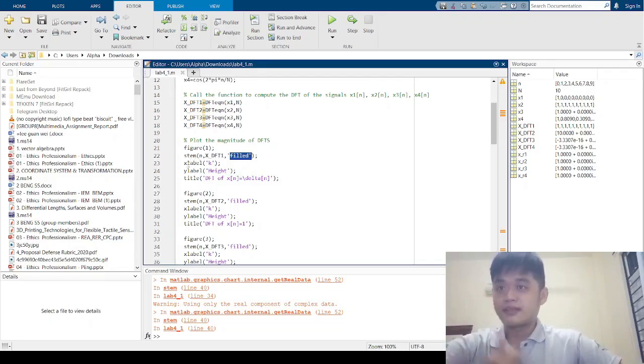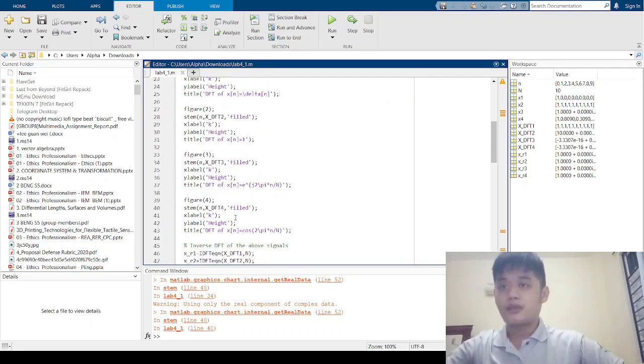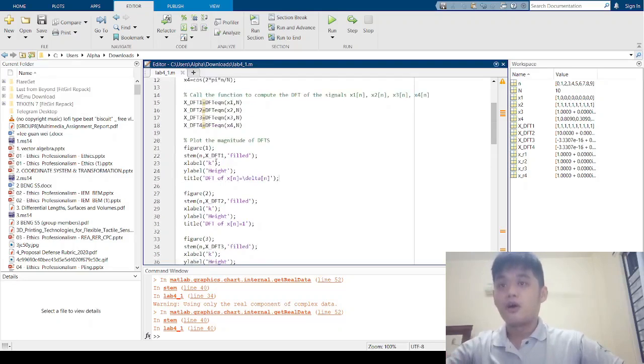Then we set the x label for the name of the x-axis, the y label, and also the title. The same goes for the other four, but the name of each graph will be different, because each one is only responsible for whichever it is assigned to.